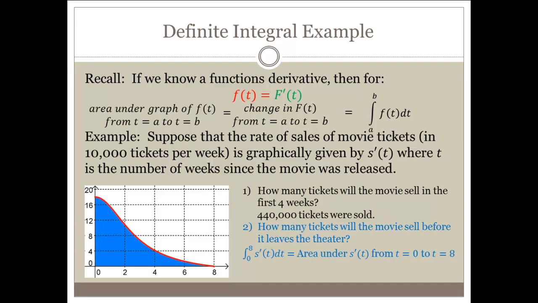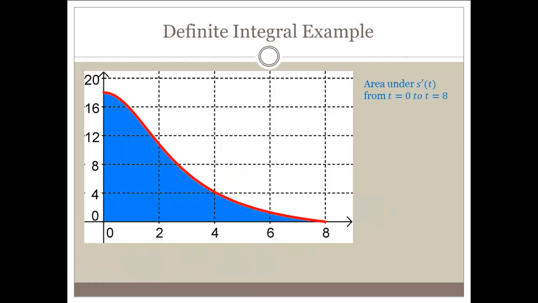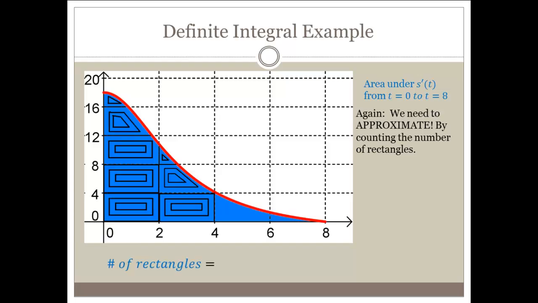Now let's approach our second question similarly. Again, we want to find the area under s prime of t, but now we are going from 0 to 8. Again, we need to approximate this by counting the number of rectangles under the curve. To start, we will use that we already approximated the number of rectangles from 0 to 4 to be about 5.5. And then over the time interval from 4 to 8, it looks like we have about 3/4 of a rectangle.